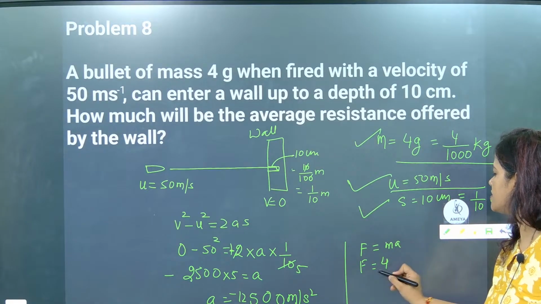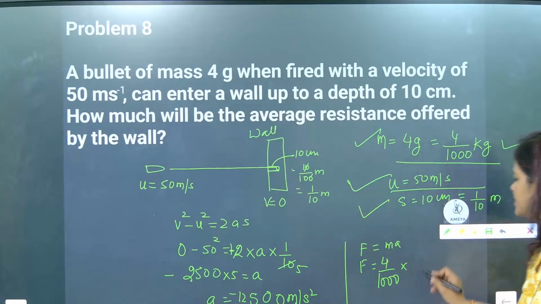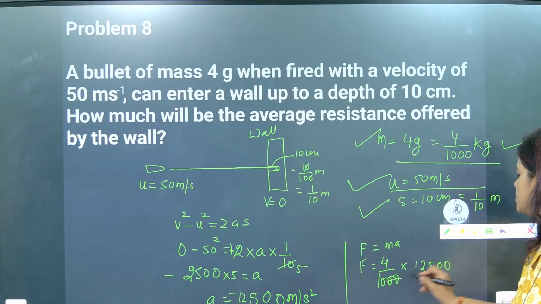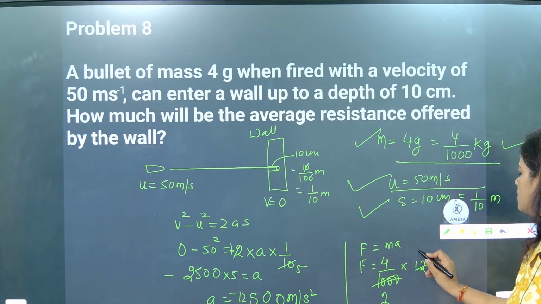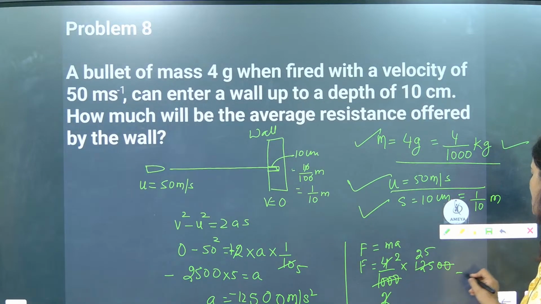Mass into acceleration. Mass is given 4 by 1000 into 12500. So these 2 zeros and this one will get cancelled. 5 2s are 10, 25, and here it is coming as 2. So the answer is coming as 50 Newton.